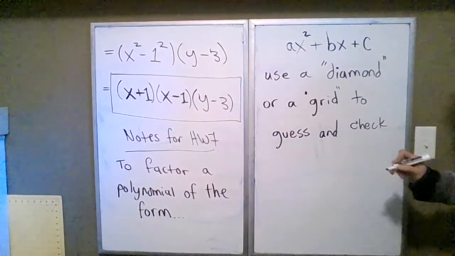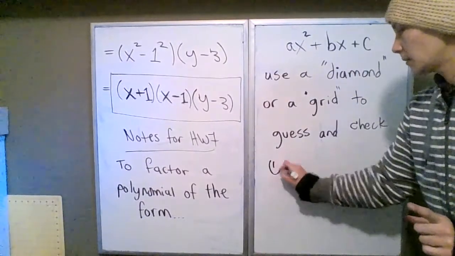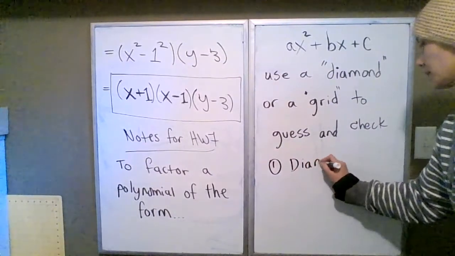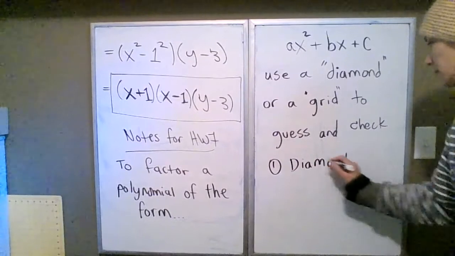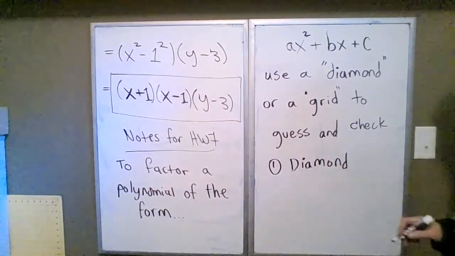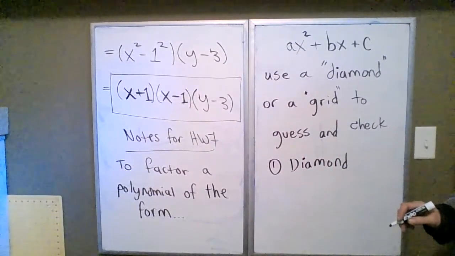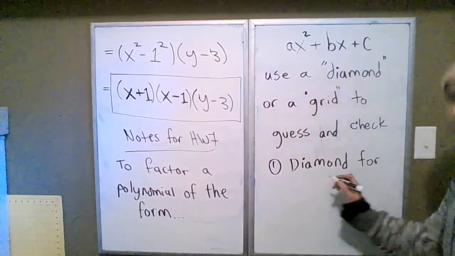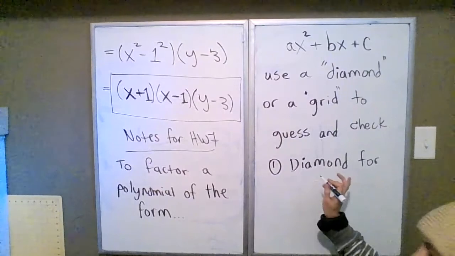Okay, the first one we're going to talk about is this diamond, for your polynomial that looks like ax squared plus bx plus c.